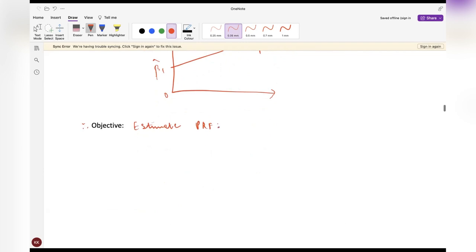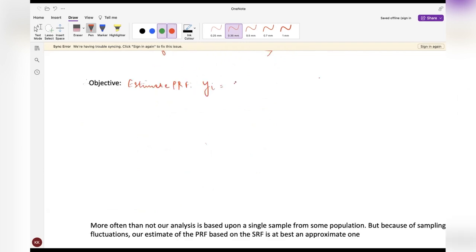function yi is equal to beta naught plus beta 1 xi plus ui, on the basis of the sample regression function, which is given as yi is equal to beta naught hat plus beta 1 hat xi plus ui hat.